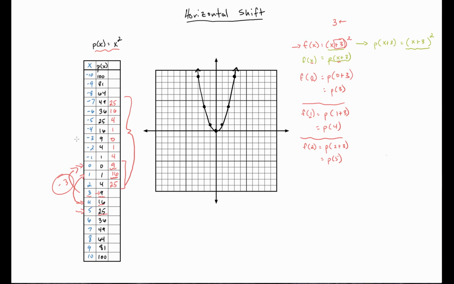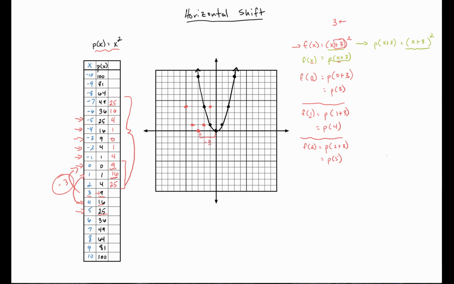If I start here in the middle, I've got negative 3, 0. Okay, and then I'll just go ahead and plot them and you can kind of follow along. All right, and so that's some values to plot. I'm not going to plot all of them because I want to show something in a moment, but if you notice, all of these have shifted over negative 3 units.